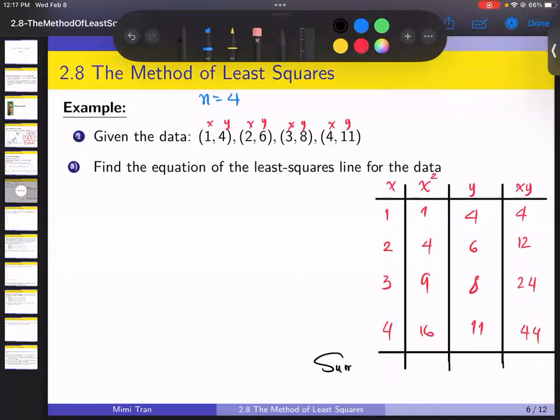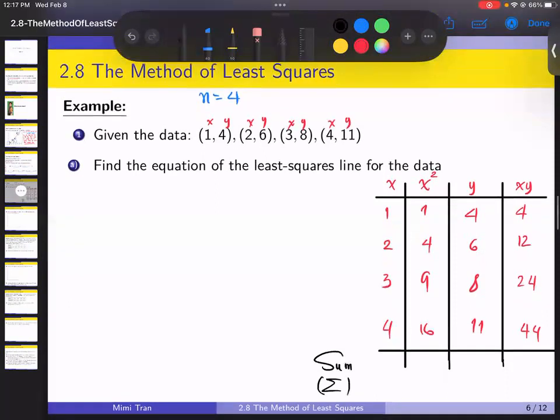And then what you're going to do next, you're going to sum them up. FYI, notation for sum is capital sigma. That's Greek. Capital sigma. 1 plus 2 plus 3 plus 4, that's 10. You're going to sum down in the column. 1 plus 4 plus 9 plus 16, that's 30.